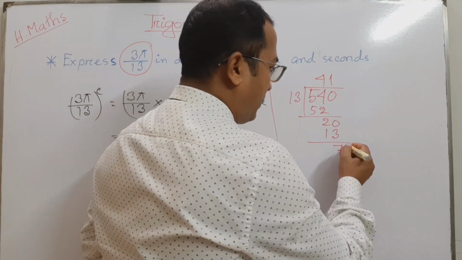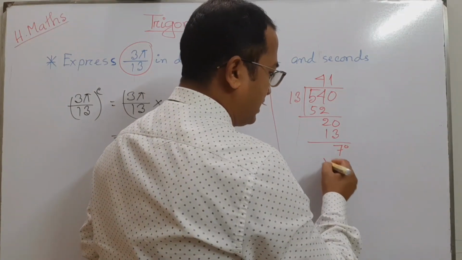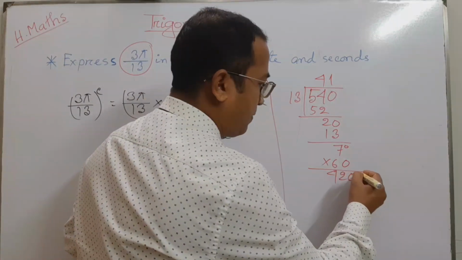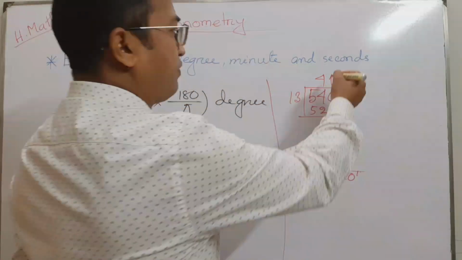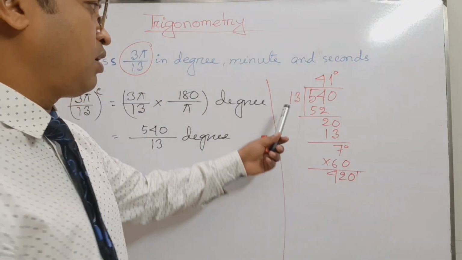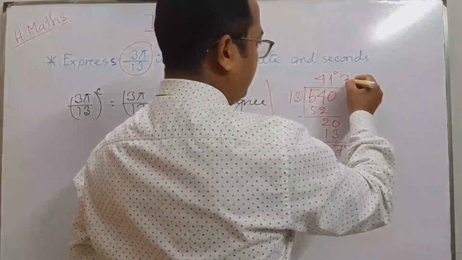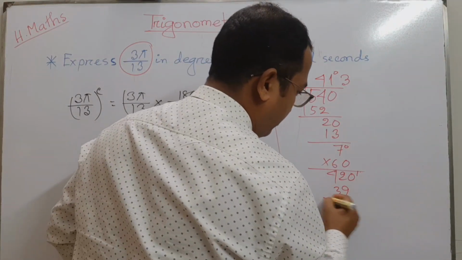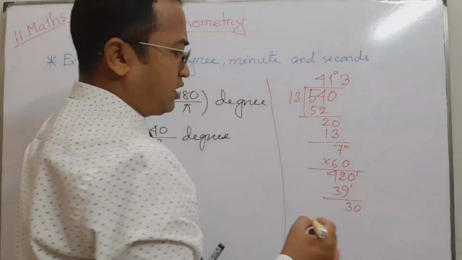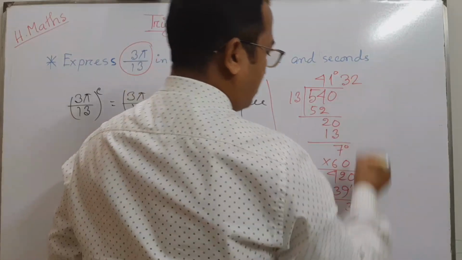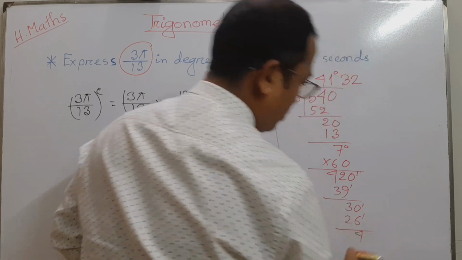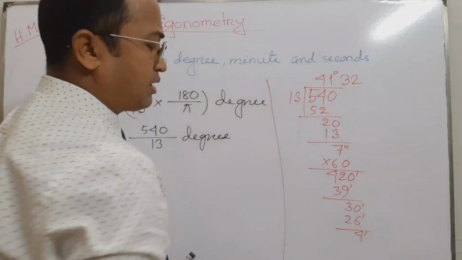So, if you multiply degree by 60, it becomes minute. 420 minute. So 41 degree. Now we go to the next step, that is minute. Now 13 3s are 39 minute, 30. Now 13 2s are 26. It remains 4 minute. Nothing left.